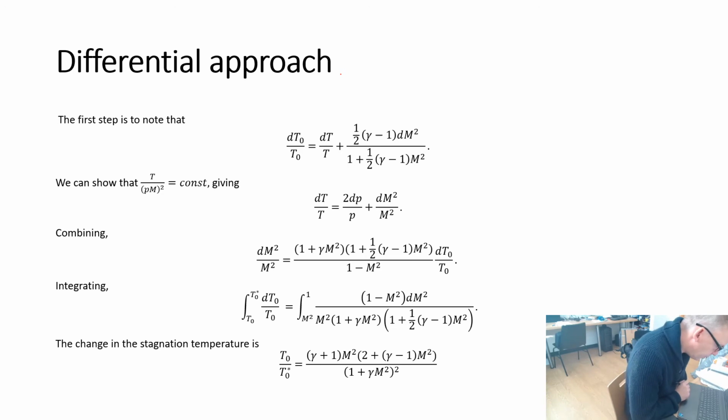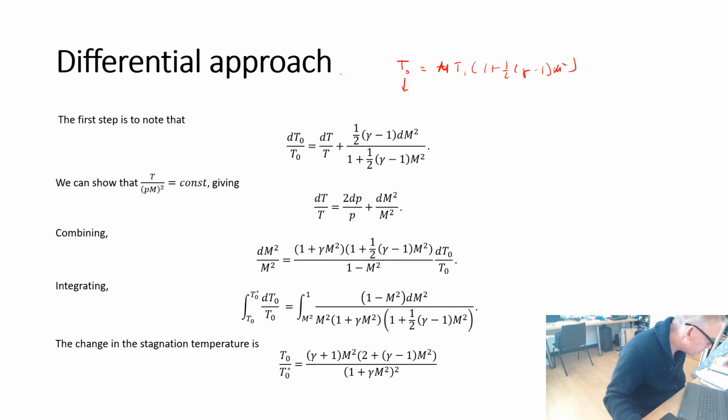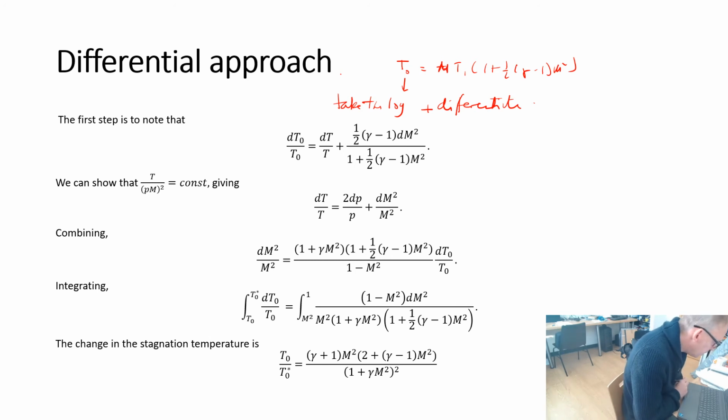Now the differential approach to this is obviously we're looking at differential changes. So if we start off with our stagnation temperature T1 naught equals T1 times 1 plus a half gamma minus 1 M squared, we can convert these to a differential form by taking the log, and then we differentiate. What we're trying to do is determine how our stagnation temperature varies as we change the Mach number.